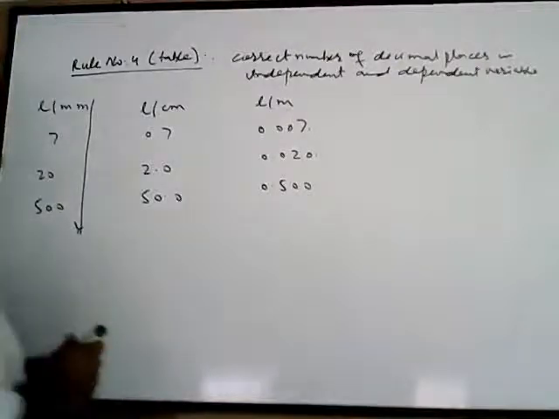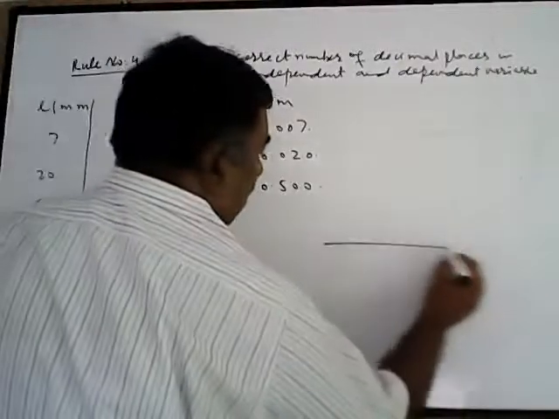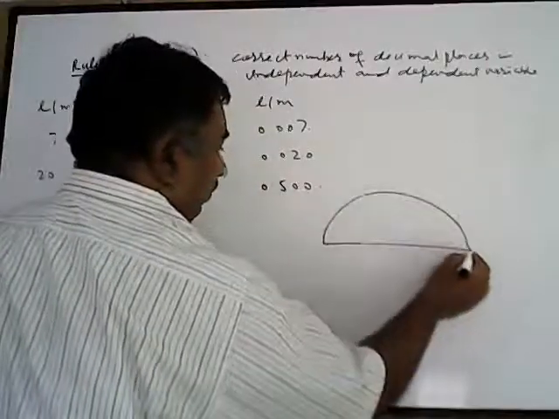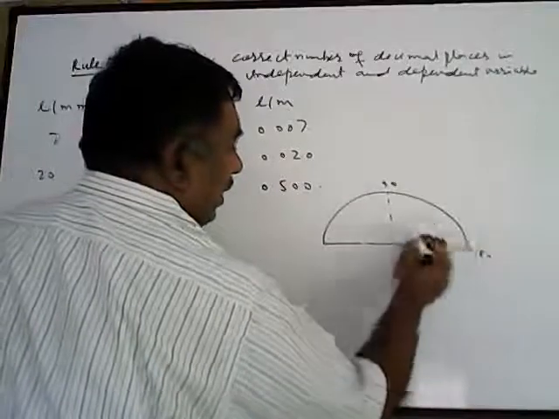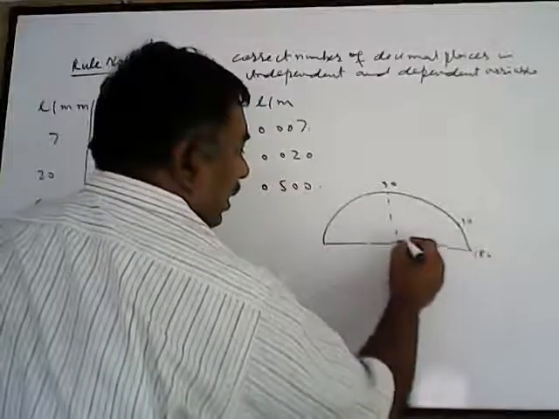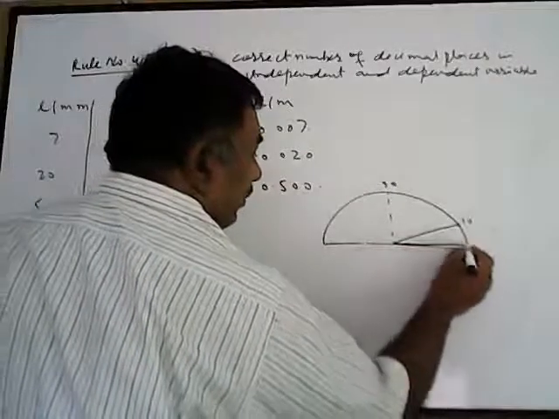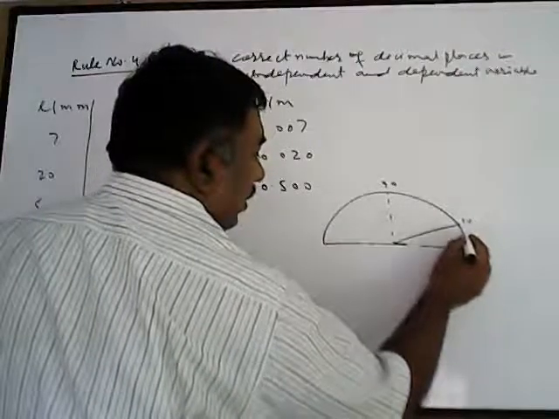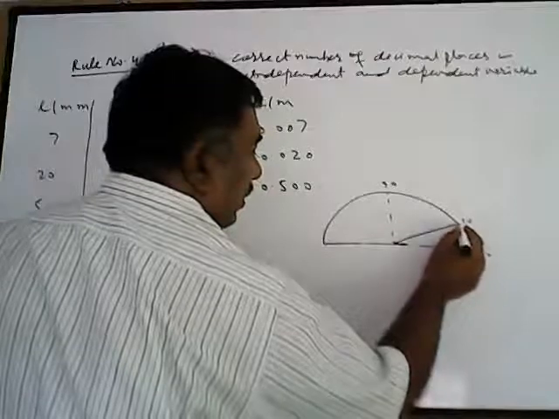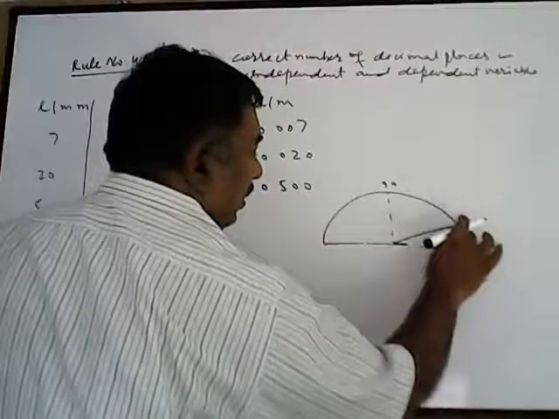For example, suppose you are given a protractor, this one 90 degrees, this is 180, and here this is 10 degrees. Within 10 degrees there are 10 lines.